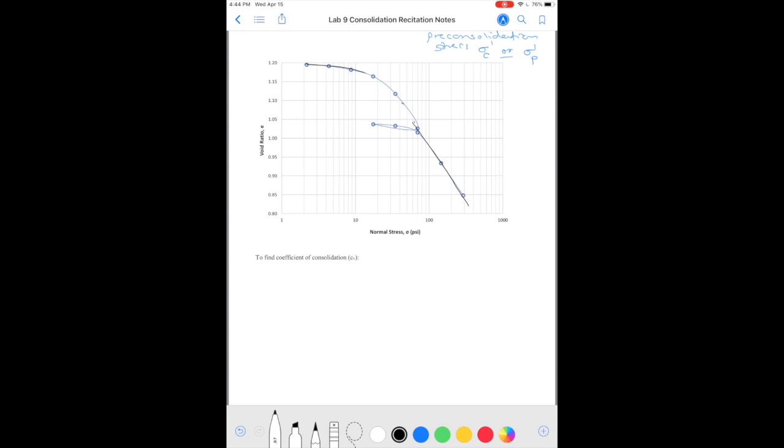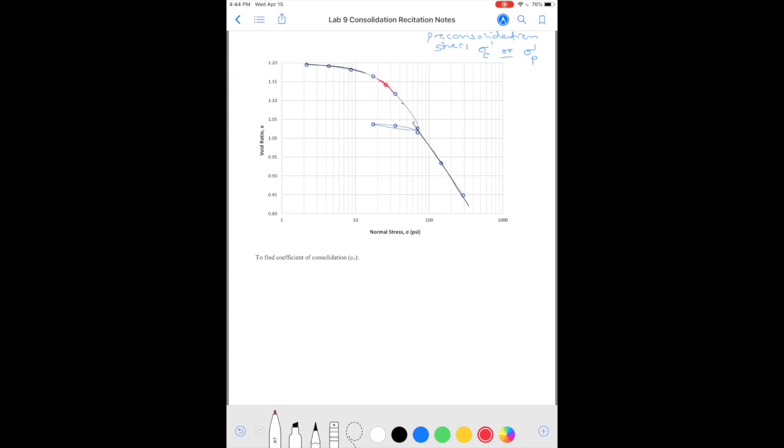So in order to find the pre-consolidation stress, it is important to find the point of maximum curvature. In this case, it is the point of maximum curvature, or if you attempt to draw a circle tangent at this point, you can draw the smallest circle at that location.